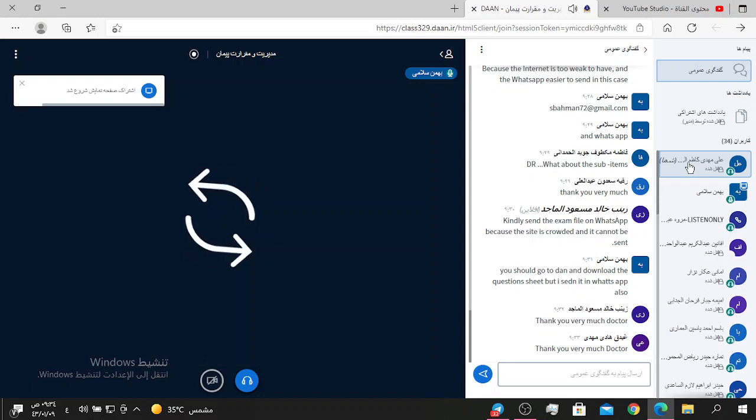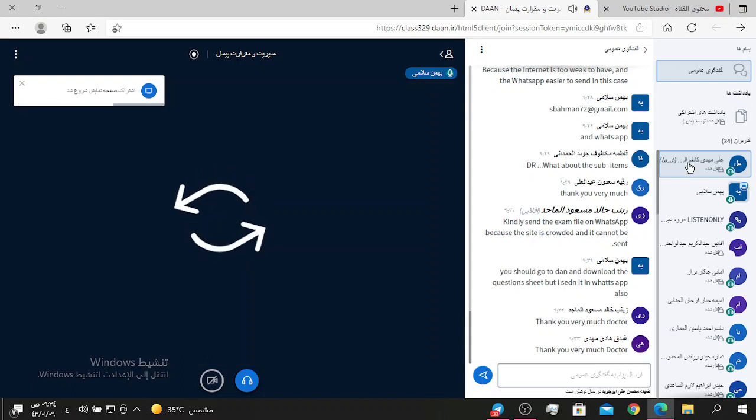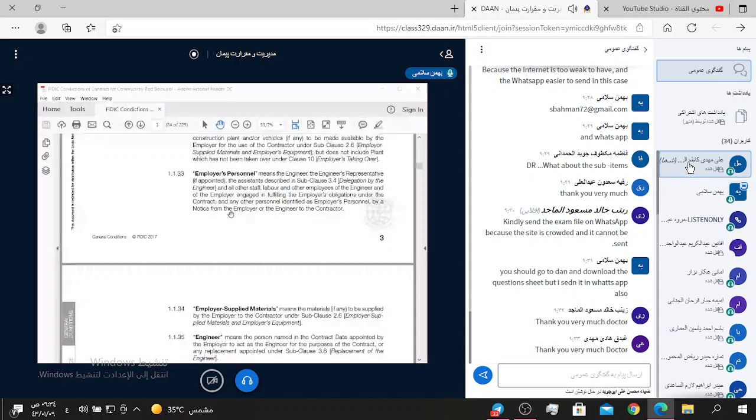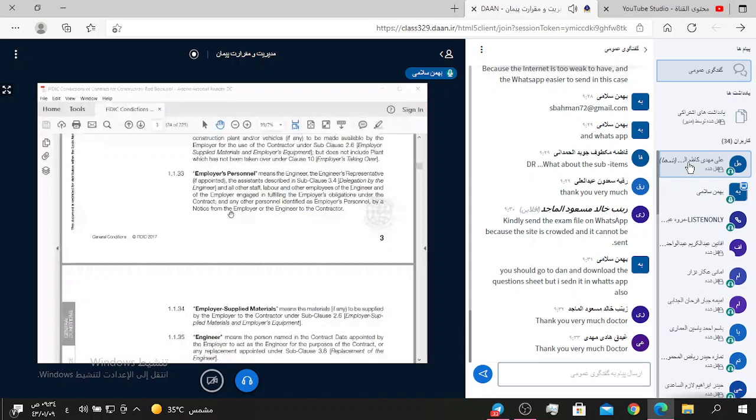As you know, the Red Book has 225 pages, but in the final exam, you should read chapters 1, 2, 3, and 4, and the questions are related to chapters 1, 2, 3, and 4.